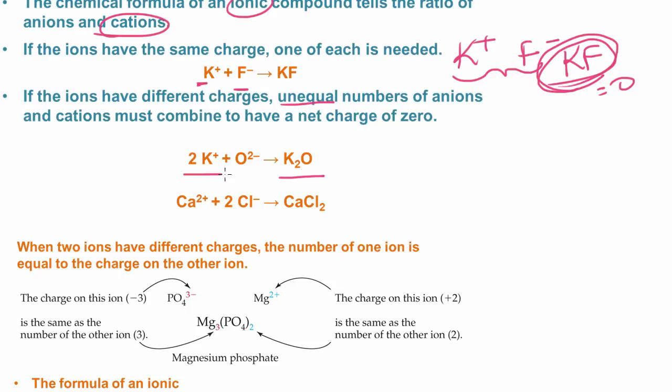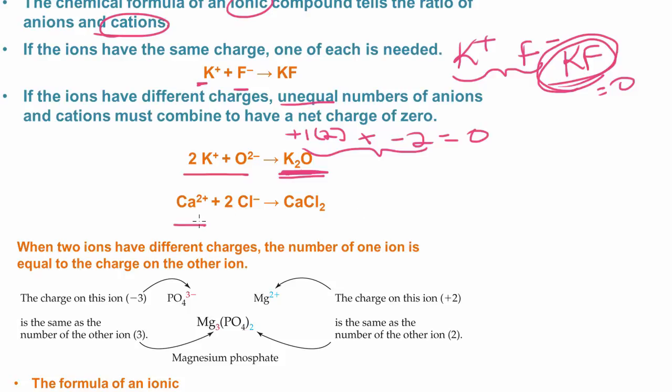So 2 potassium ions plus 1 oxide ion give us this formula for potassium oxide. Let's check this. The potassium ion has a +1 charge, but we have 2 of those. And then the oxide ion is a -2 charge. We add these together and the overall charge is 0. And that's how it should be.